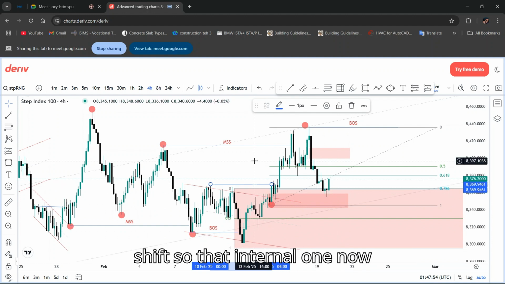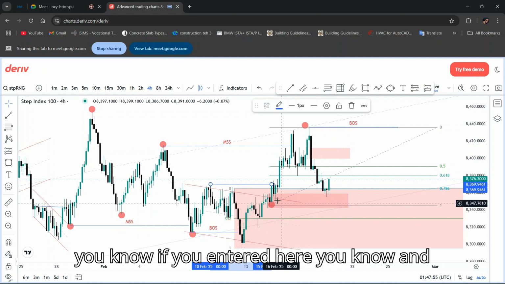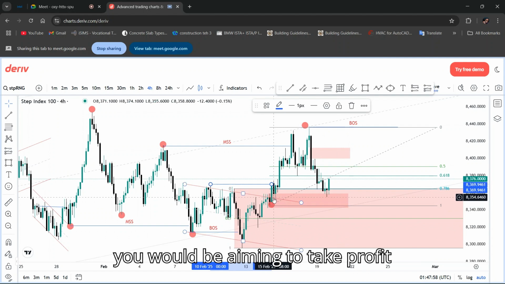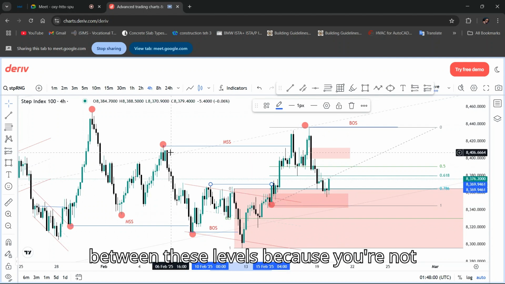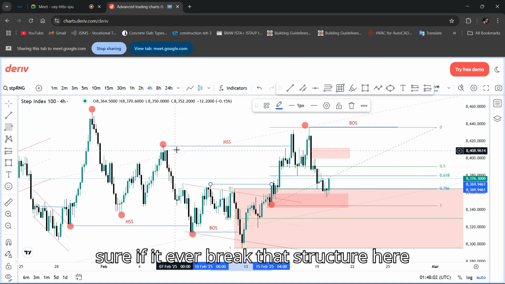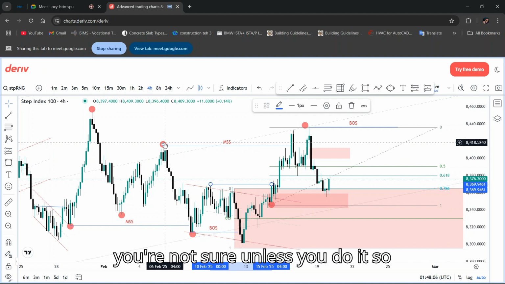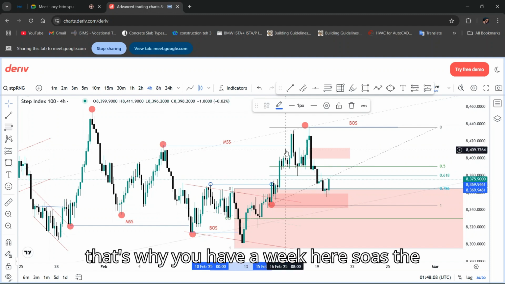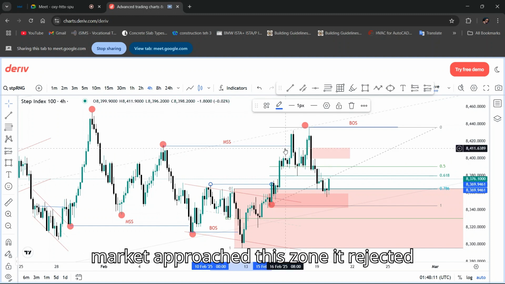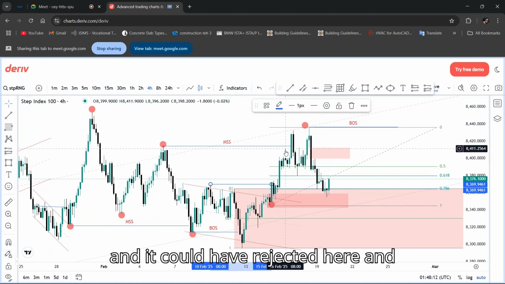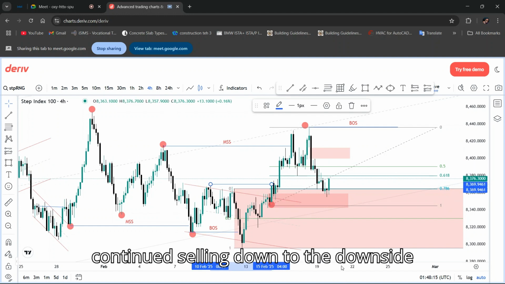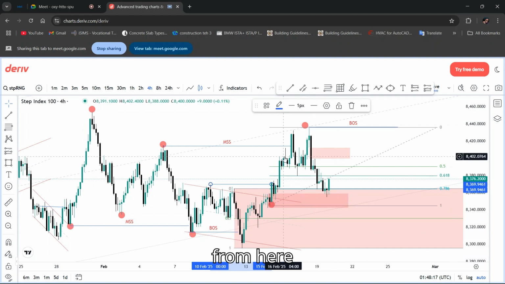So that internal one now, if you entered here, you would be aiming to take profit between these levels, because you're not sure if it's going to break that structure here. You're not sure unless it does it. So that's why you have a wick here. As the market approached this zone, it rejected, and it could have rejected here and continued selling down to the downside from here.